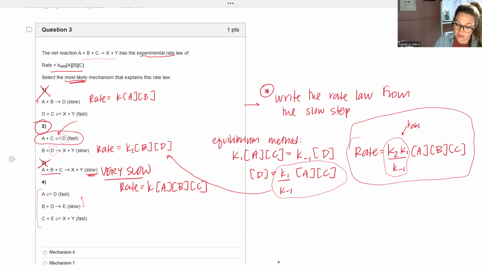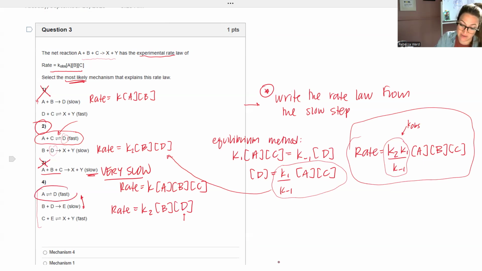So here the rate equals K2 times B times D. That gives me a rate law, but again, I've defined it by D, which is not a reactant. It's an intermediate, and I don't want an intermediate.